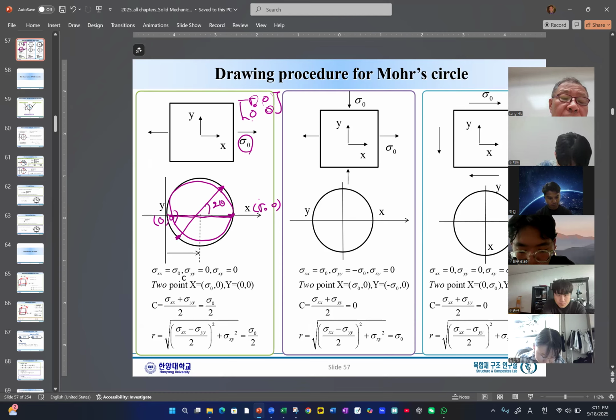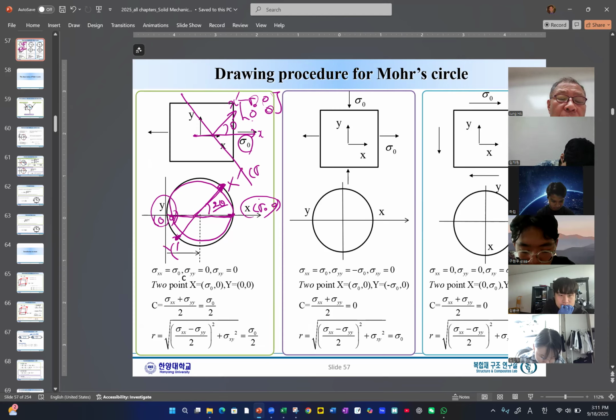Which means that if we cut this one with this much angle, this is x prime, this is x, and this is theta. Using this Mohr circle, all you need to do is get the x and y, and then rotate by 2 theta, and you will have x prime and y prime. This one will be x prime, and this will be x prime y prime.